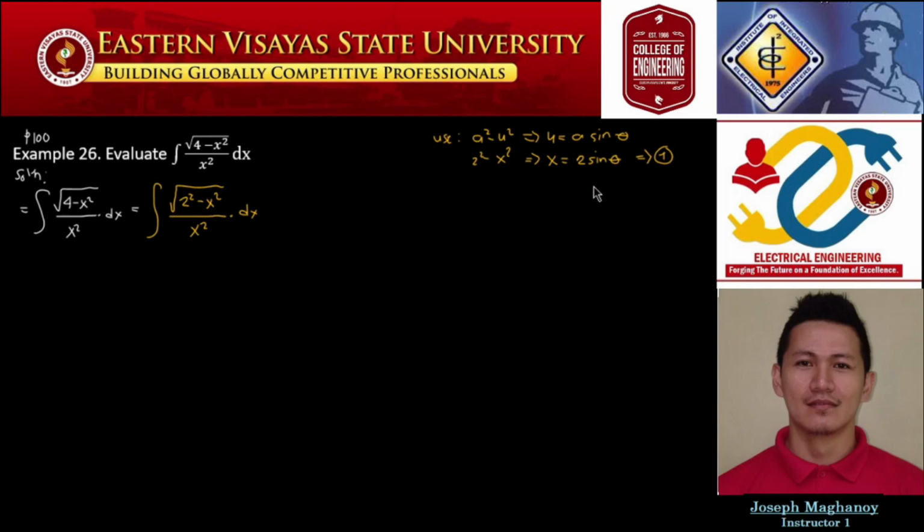So here, we solve theta with respect to x, or in the other way. So we need to determine the first derivative of x. That is the derivative of x. If we get the derivative of 2 sine theta, that would be 2 cosine theta d theta.